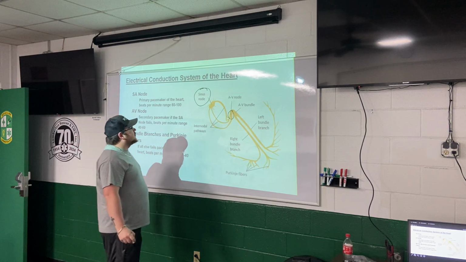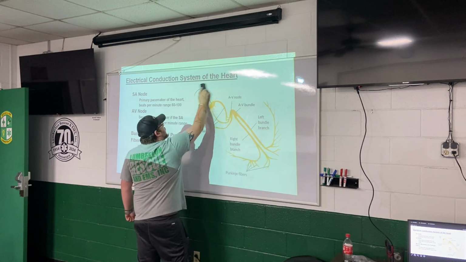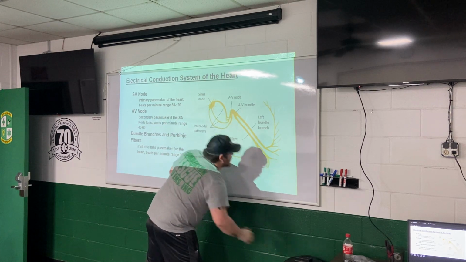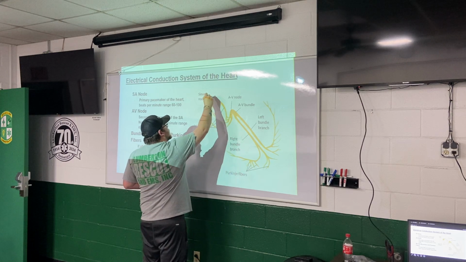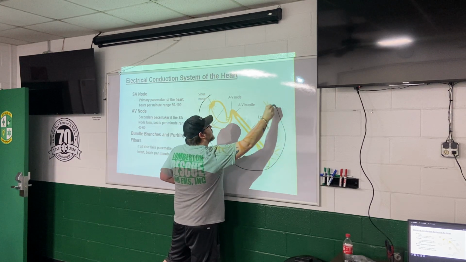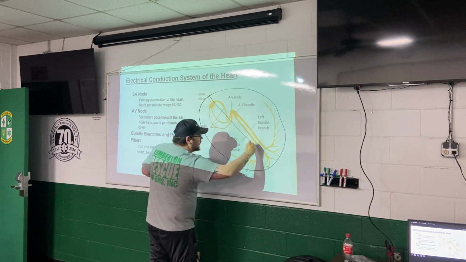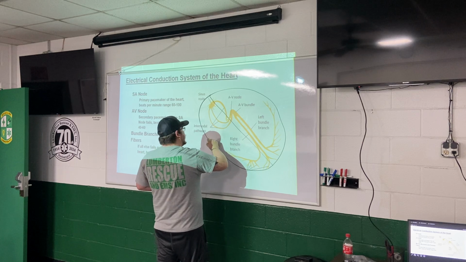So let's say you have your nerve fibers right here, but if you wanted to put it all together, we'll just draw a circle right here, try and break it up a little bit. So we'll go here, and we'll go here.